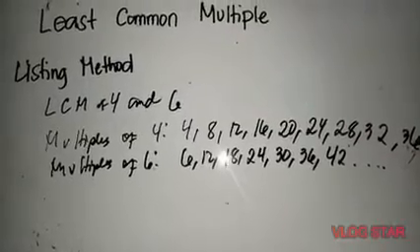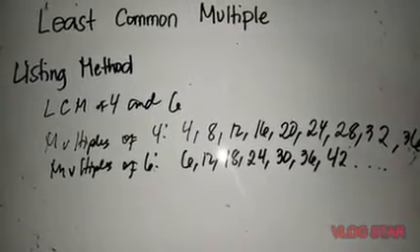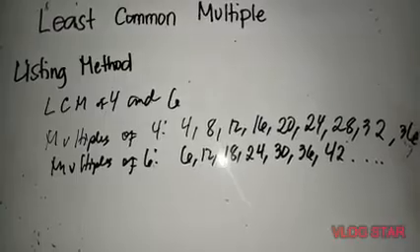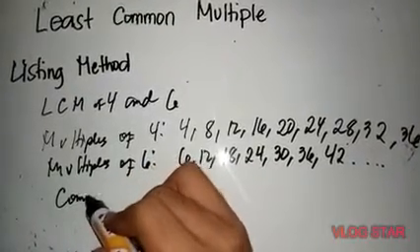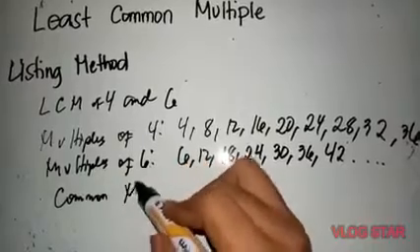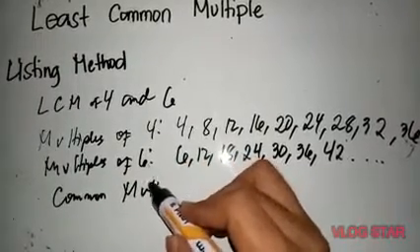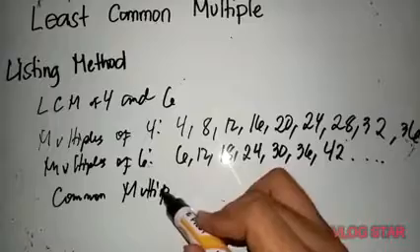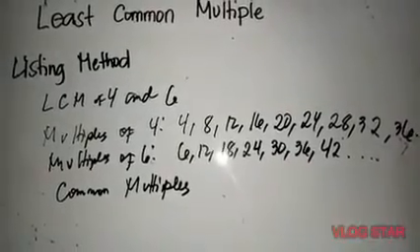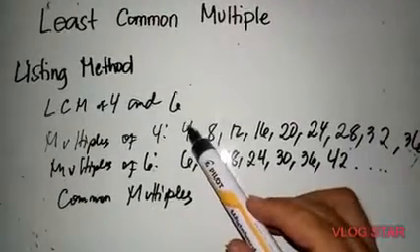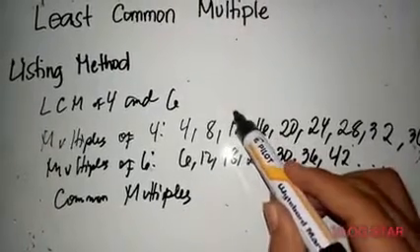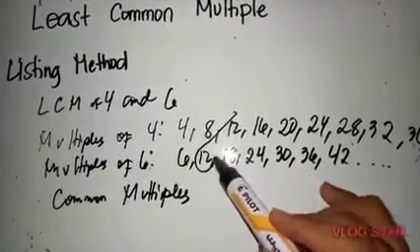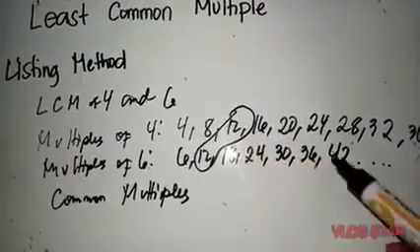The next step is to list the common multiples of 4 and 6. So 4 is not a common multiple. 8, 12. 12 is a common multiple of 4 and 6.